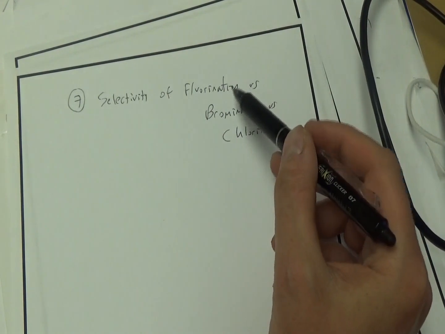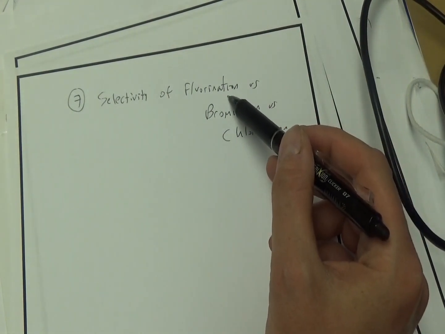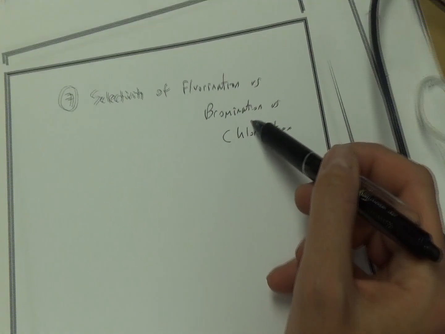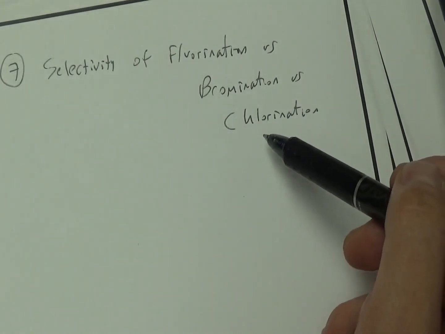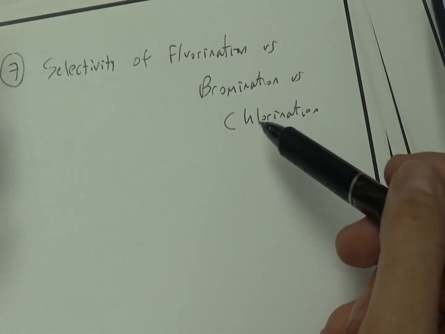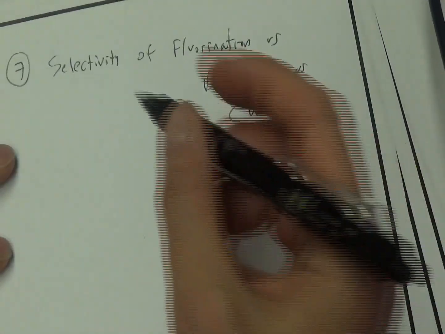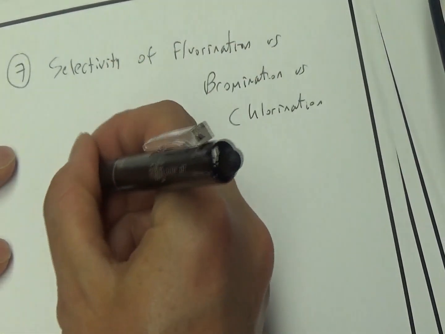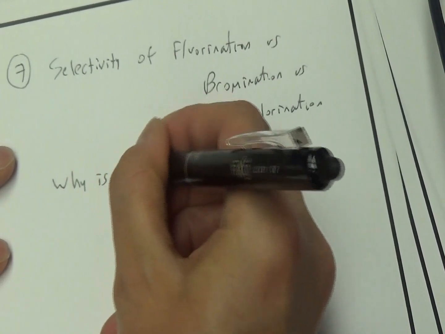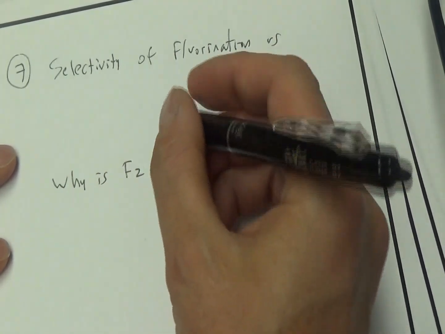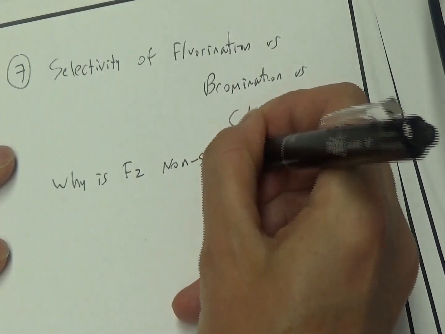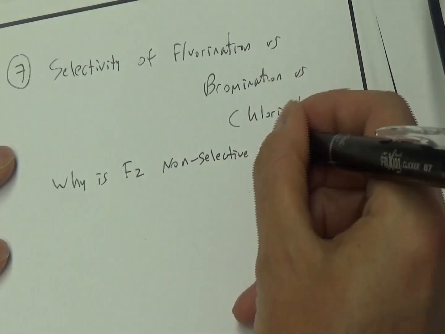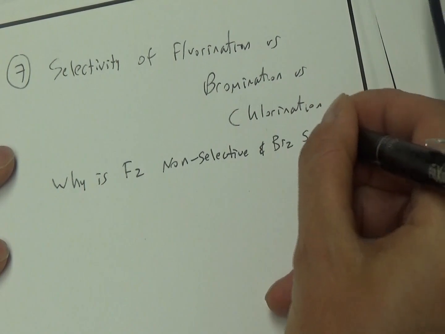As we understand now, fluorination is the least selective, and bromination is the most selective, and chlorination is kind of in the middle. Okay, and the question we're going to ask now is why is fluorination non-selective and bromination so selective?